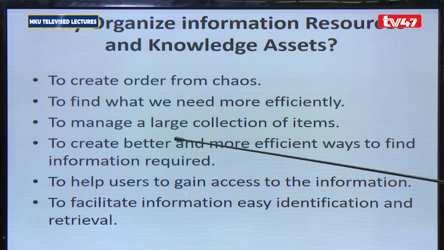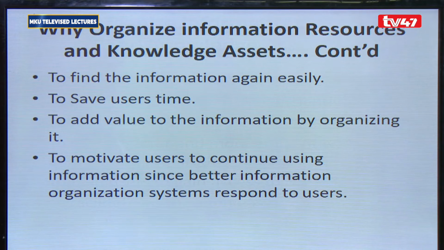Then the next thing is to create better and more efficient ways to find information required. Then to help users to gain access to the information. Then the next point is to facilitate information easy identification and retrieval. Then to find the information easily once you want to return to it.